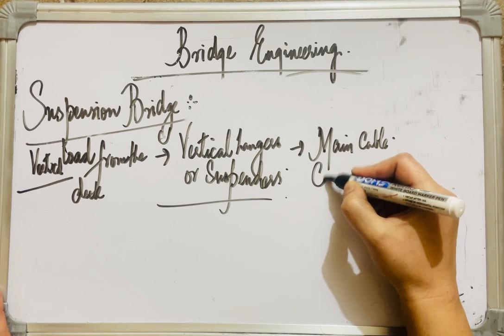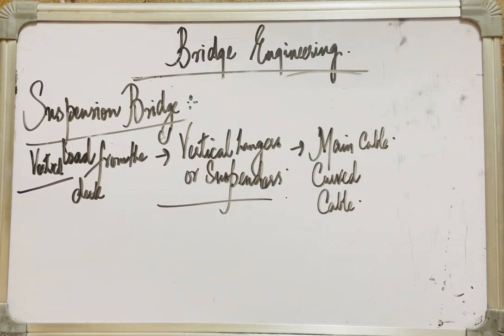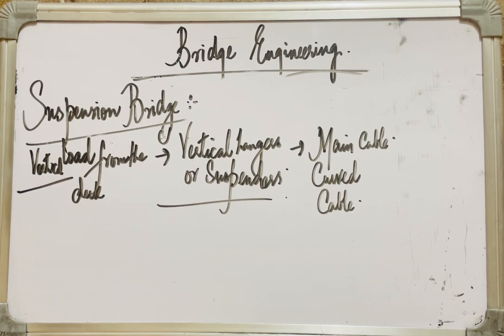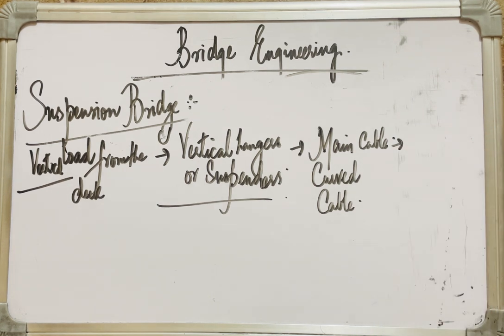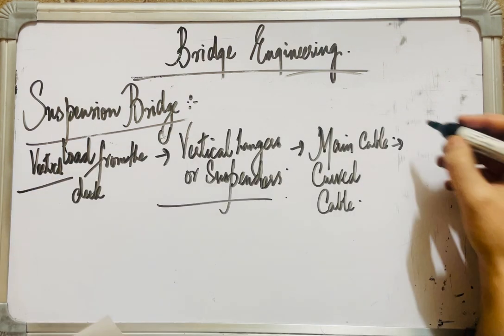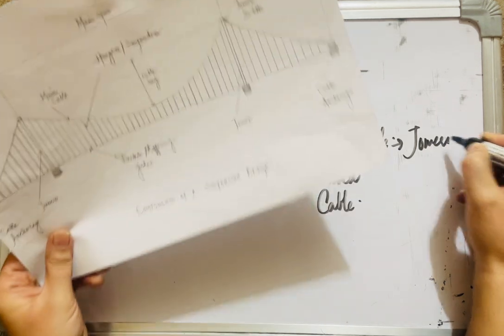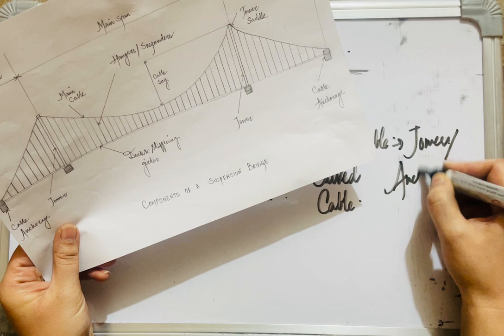Flexible main cable, or a curved cable, which is in tension. It carries the load from the deck of the bridge by virtue of tension which develops in its cross section. Then the load goes from the cable to the tower or anchorage, both.